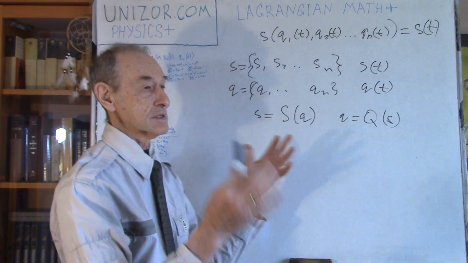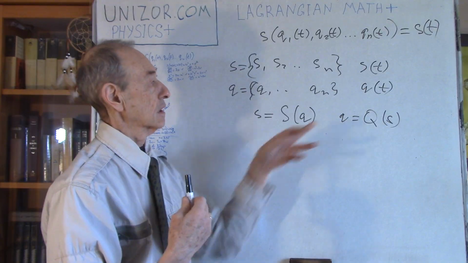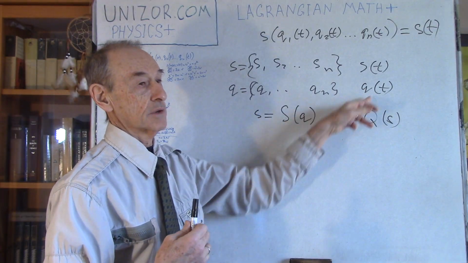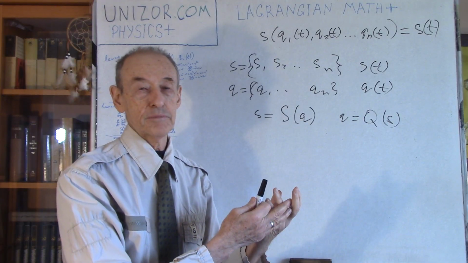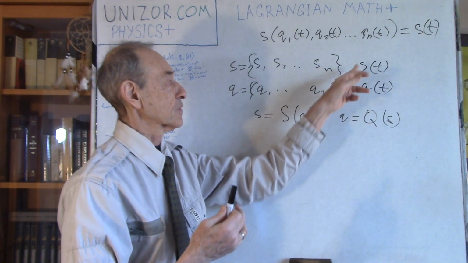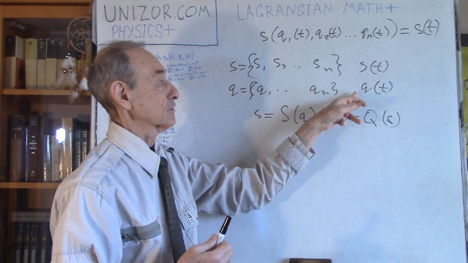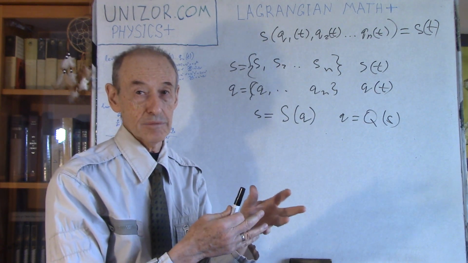So in any case, there are a certain number of functions of time which we use to represent physical trajectory. But physical trajectory, no matter how we represent it using this set of functions or that set of functions, is the same.